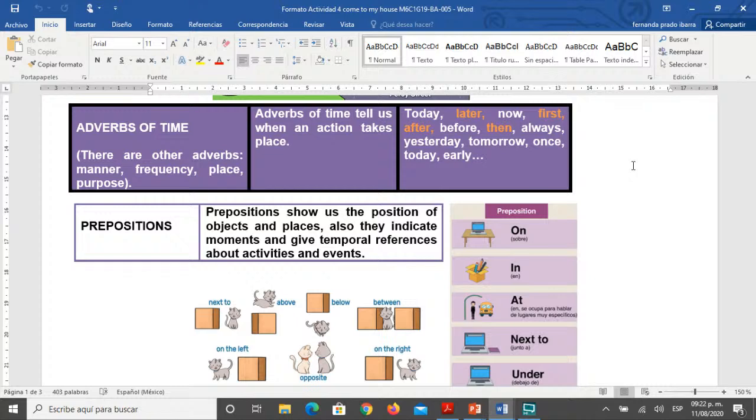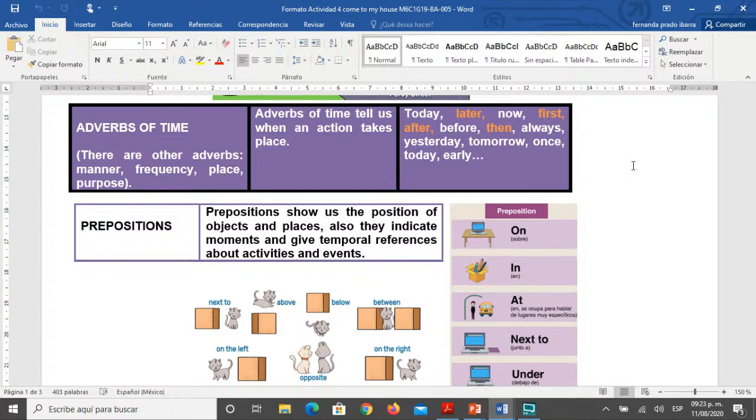Some adverbs of time are today, later, now, first, after, before, then, always, yesterday, tomorrow, once, early, okay? But here we're only going to use later, first, after, and then.